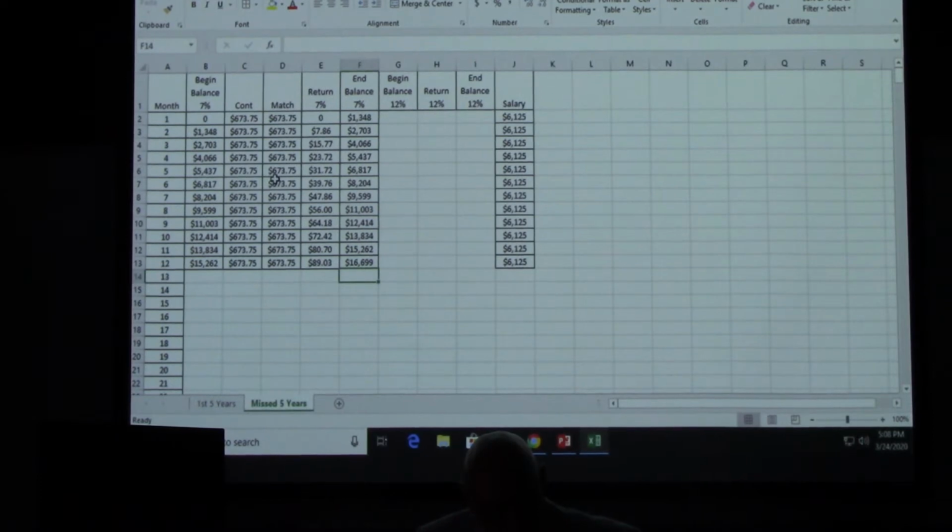So if you take $12,000 divided by 0.11, you come up with $109,090.91. At that point, you cannot contribute any more than $12,000. So your contribution will grow from $673.75 a month up to $1,000 a month.